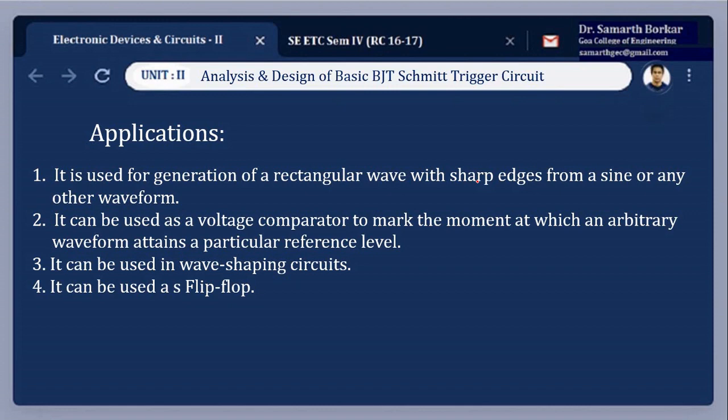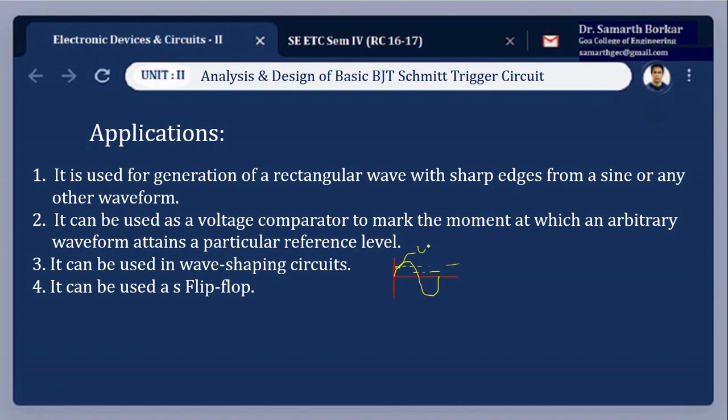So these are the applications of the Schmitt trigger circuit. It is used for generation of rectangular waves with sharp edges from a sine or any other waveform. Like for example, right now the case we have seen is a sinusoidal signal. Fine. So there are two levels.